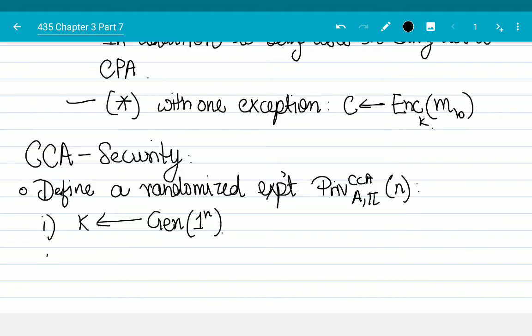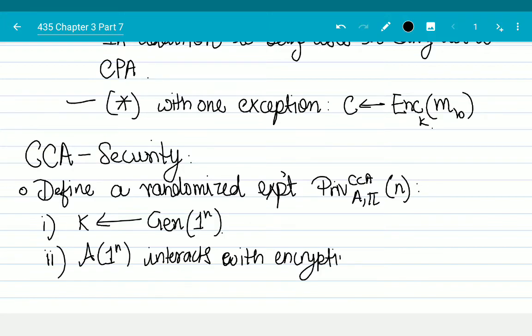It outputs a key of length n, a uniform random key. You give it to the attacker A, tell it what n is. It interacts with the encryption oracle Enc_k(·).